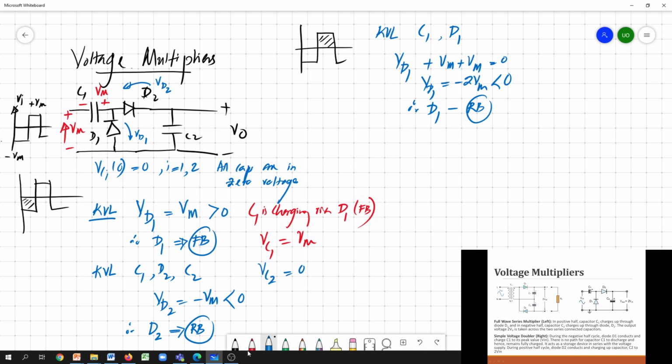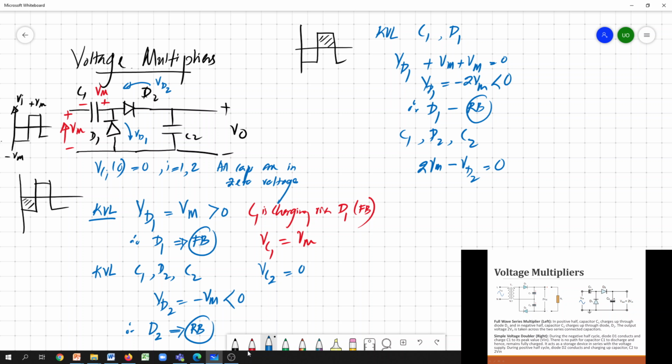So what about diode 2? We can apply Kirchhoff voltage law for the C1 D2 C2 circuit. So then we can simply say that the input plus capacitor, so 2Vm, minus Vd2 equals 0, because this capacitor 2 is still at 0 voltage.